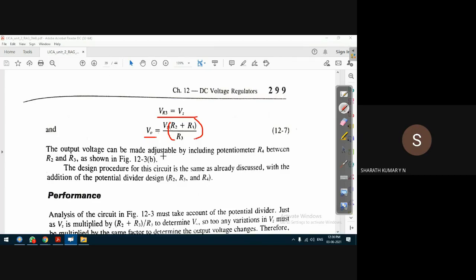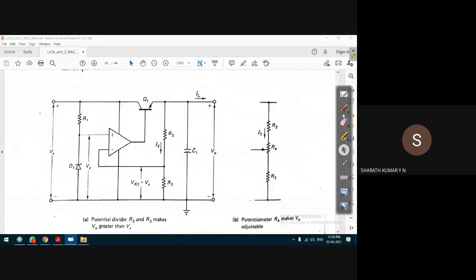So the output voltage can be made adjustable by including a potentiometer R4 between R3 and R4. That we discussed. The design procedure for the circuit is the same as already discussed, with the addition of a potential divider network. As we adjust the potential divider network to and fro, in this direction or that direction, we can adjust the voltage across this network.